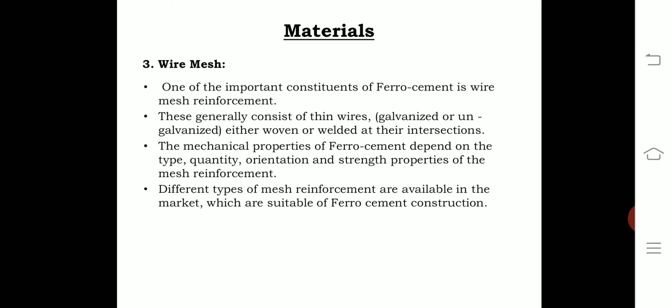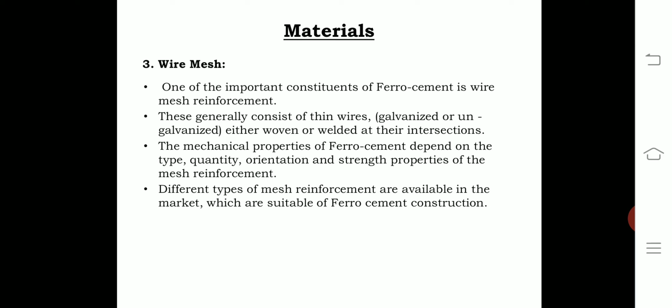Different types of mesh reinforcement are available in the market which are suitable for ferrocement construction. Some of them are listed below: hexagonal wire mesh, woven wire mesh, welded wire mesh, and expanded wire mesh.